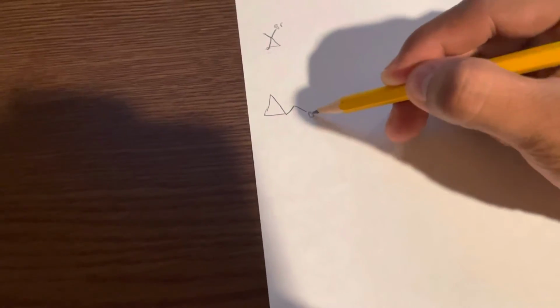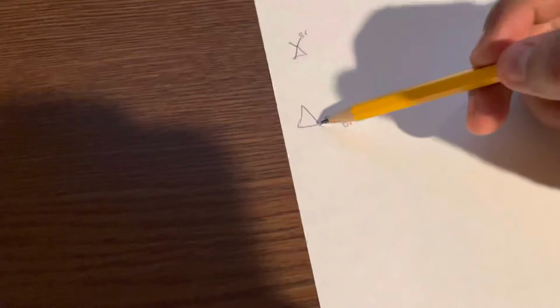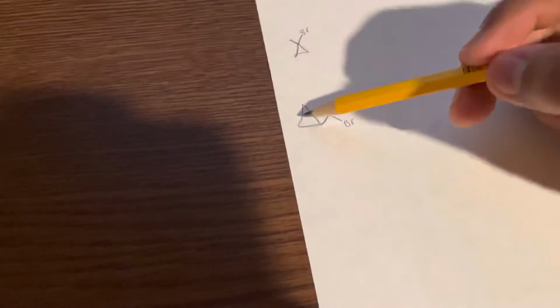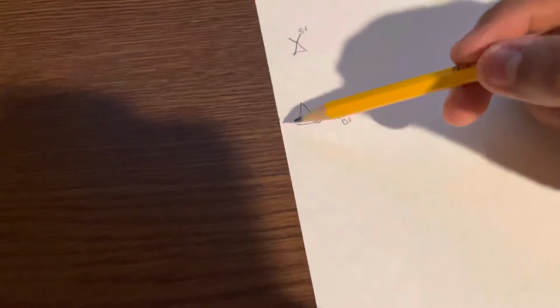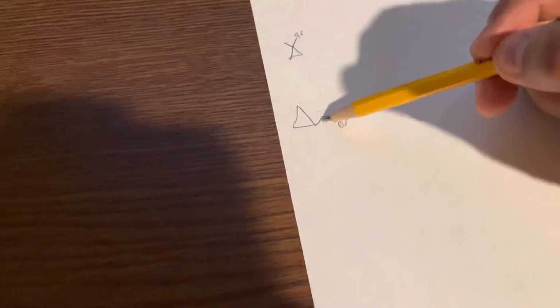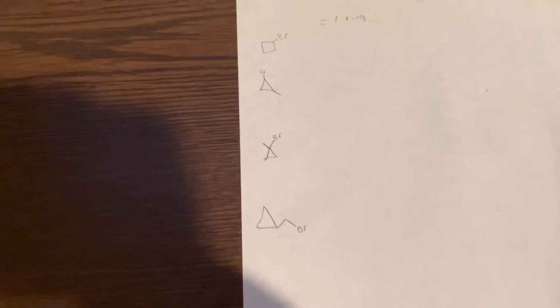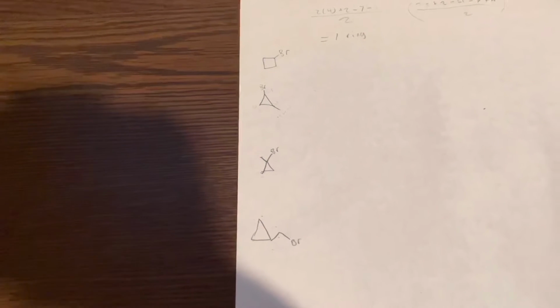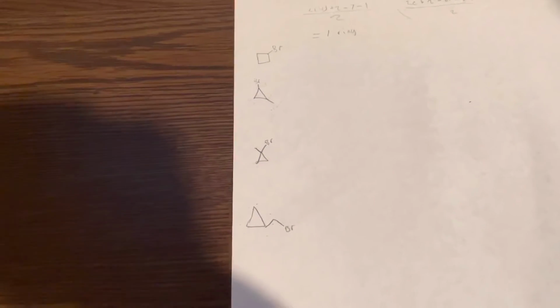We're going to put the bromine at the end. So we have 4 carbons, 7 hydrogens, and 1 bromine. So those are our 4 constitutional isomers. So now we're going to name them.